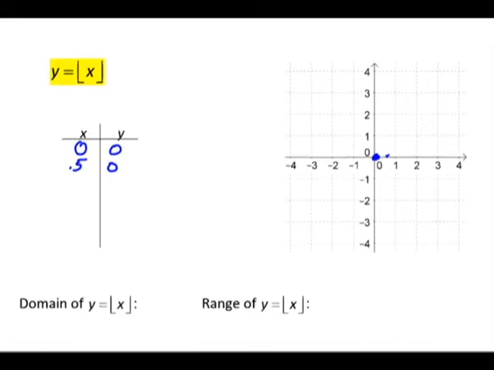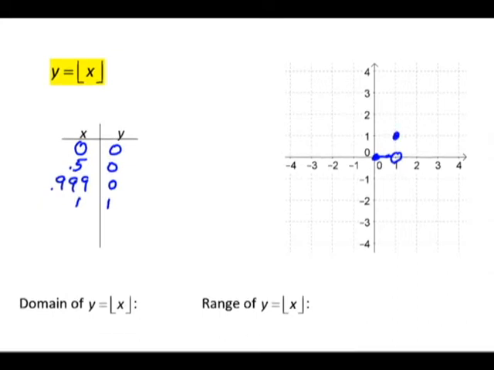In fact, we can get as close as we want to x equals 1, and the y value will still be 0. We indicate this with an open circle at 1. We can get arbitrarily close to 1, but if x is 1, suddenly y is 1.